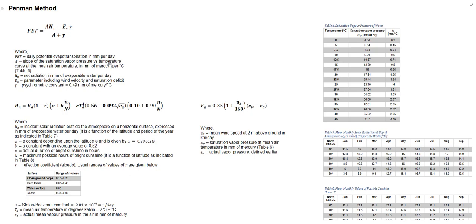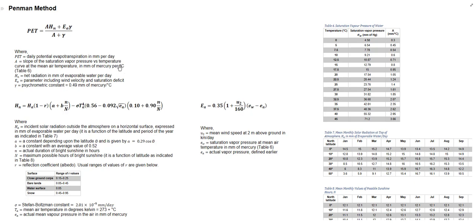Our PET is expressed in mm per day, and A is the slope of the saturation vapor pressure versus temperature curve at the mean air temperature, and this is expressed in mm of mercury per degree Celsius.